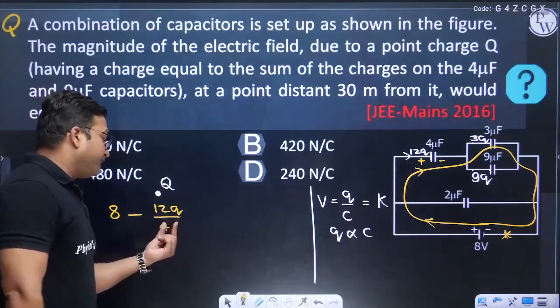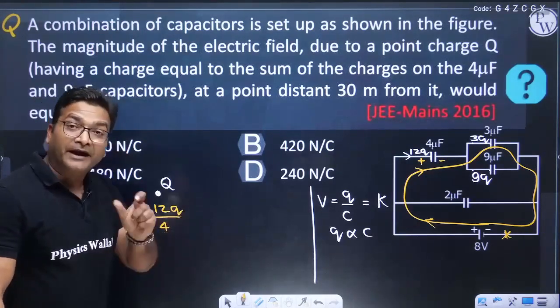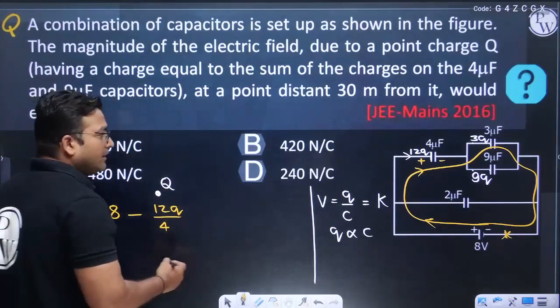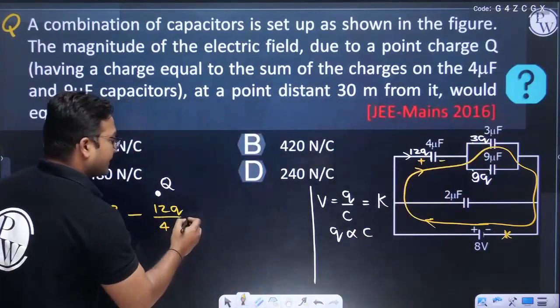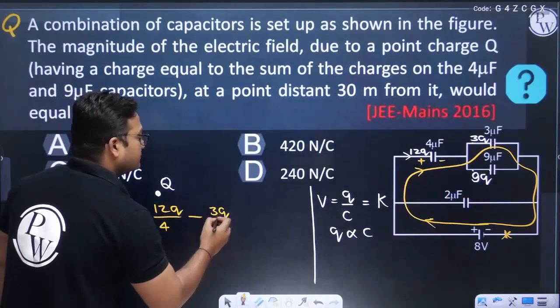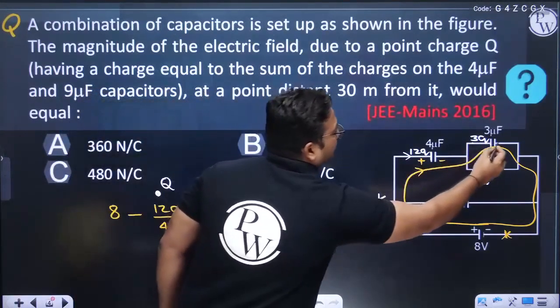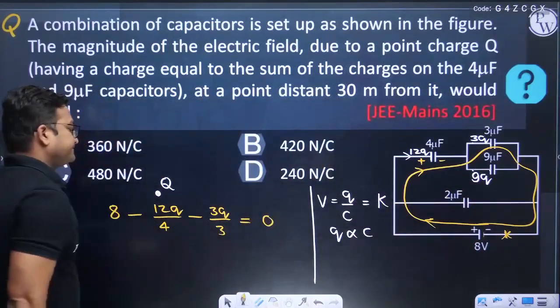Remember, if here we have microfarad, the charge should be in microcoulomb, so that the micro can be cancelled. Then I have this 3Q charge on 3 microfarad, so I'll write minus 3Q divided by 3 microfarad, and equals, we returned to the same point, so we write 0.